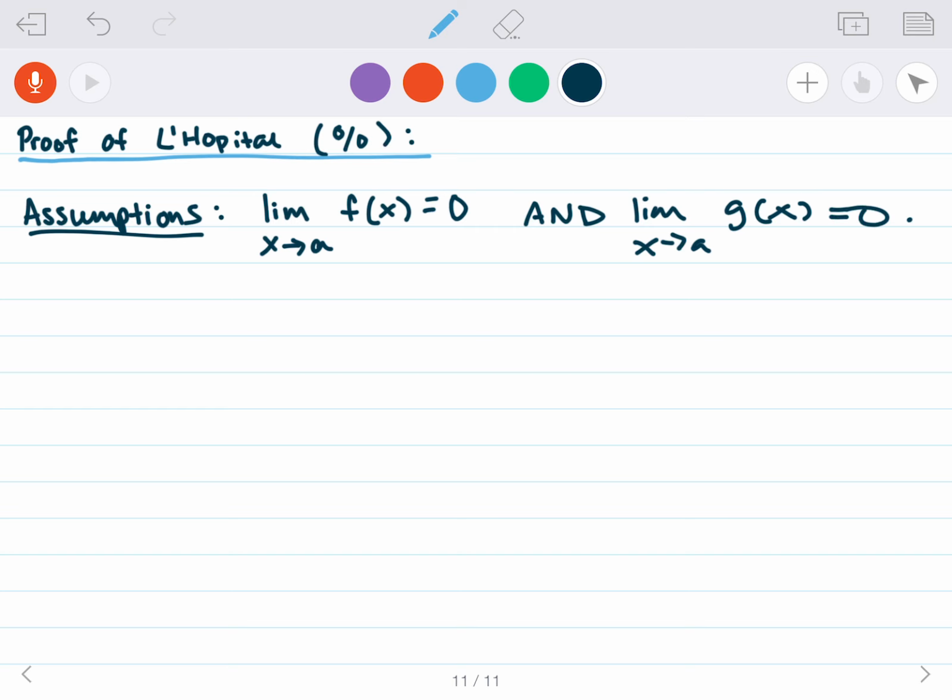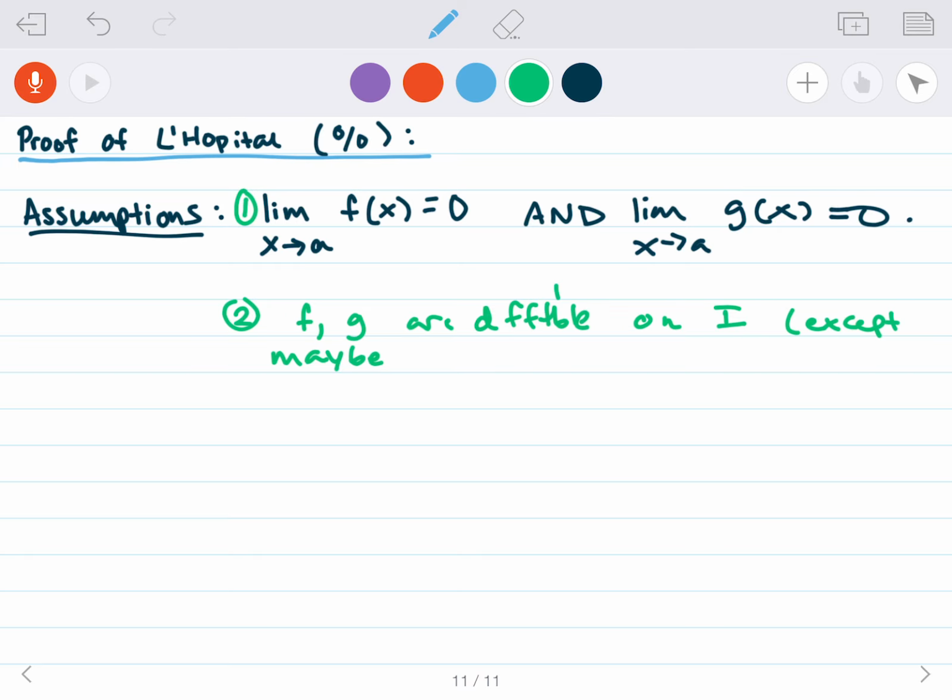Okay, and we're also assuming that's our first, and our second is that f and g are differentiable, hence continuous, on I, except maybe not at a.